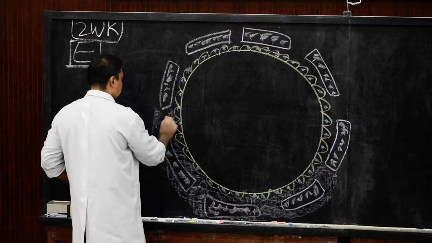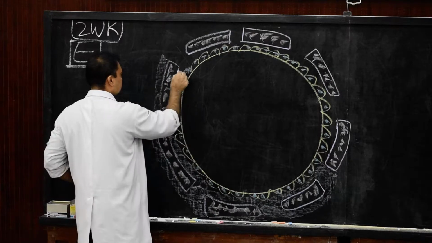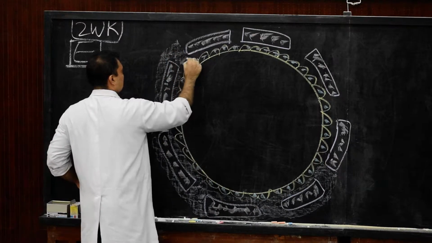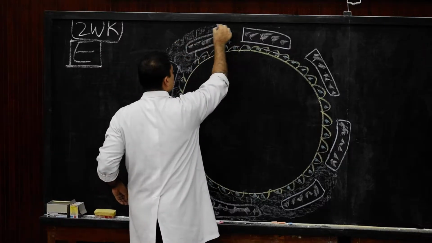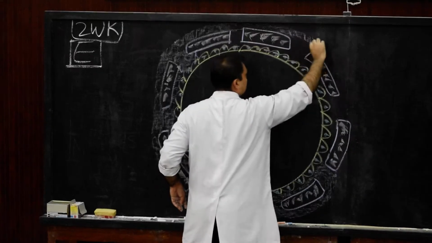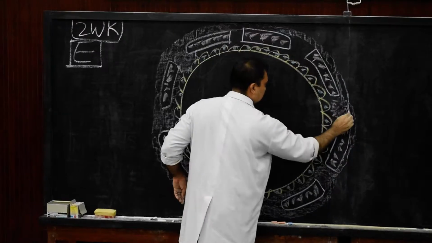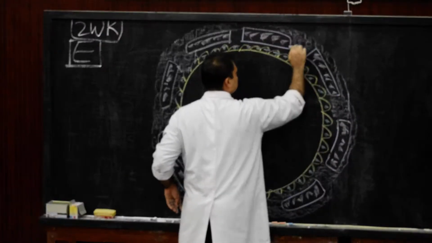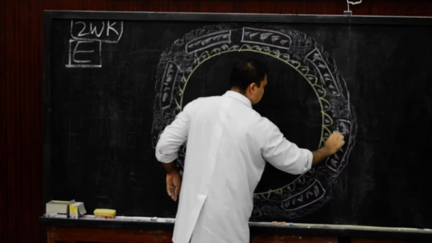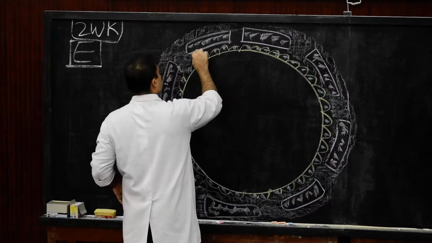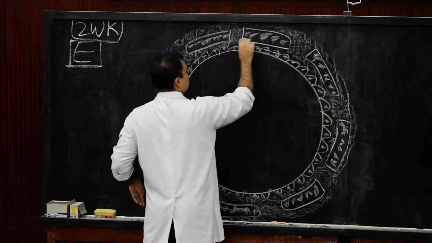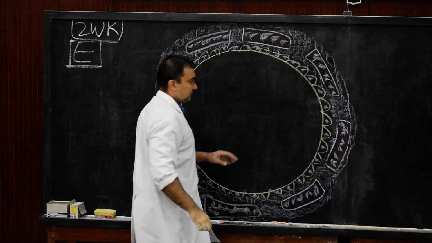We are going very fast so that we can finish this before we go to the embryoblast. So here I fill with syncytiotrophoblast, and this is the completion of the syncytiotrophoblast.